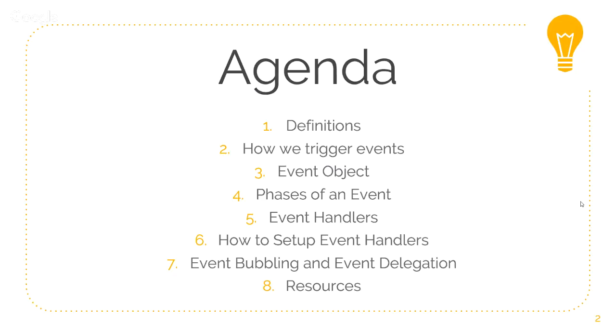Lastly, we'll take a look at the last of the phases, and that is the most important in the life cycle of an event, which is event bubbling. This is a special phase which we can use to take advantage of an advanced technique called event delegation.